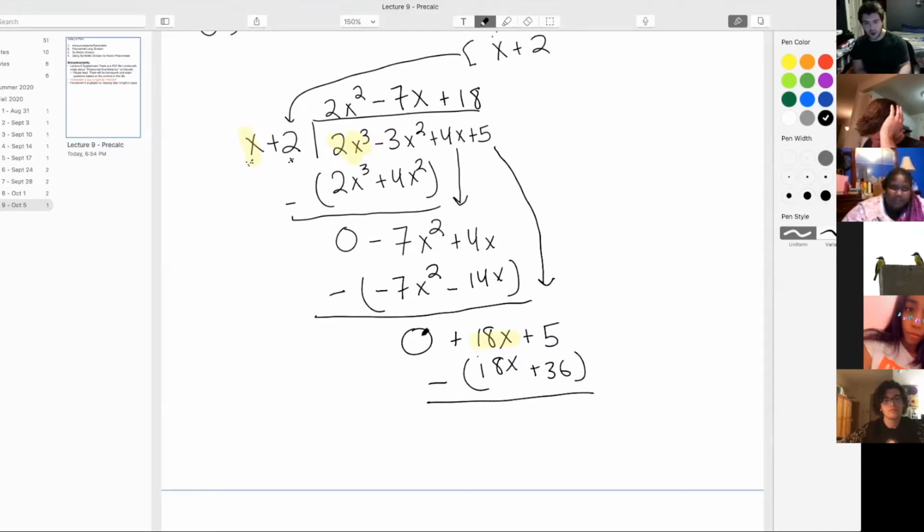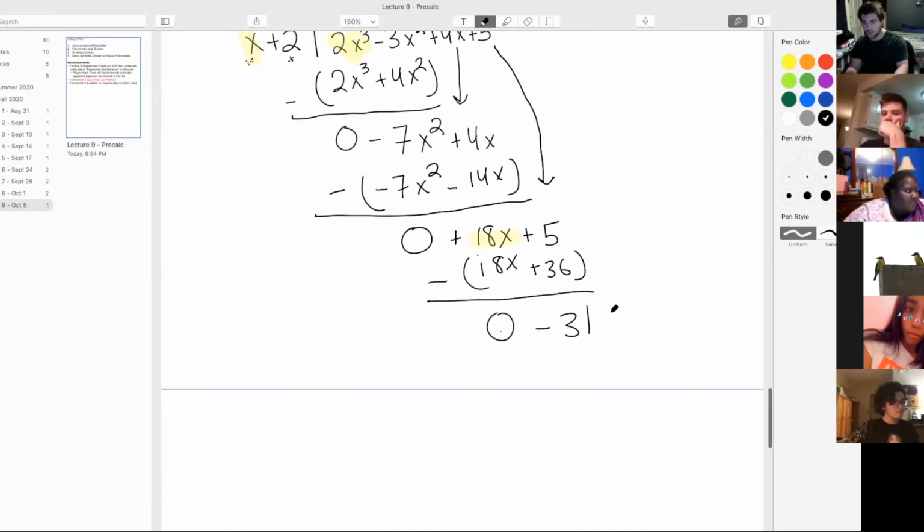And we are done. So 18x minus 18x, that's going to be 0. And 5 minus 36 is negative 31. We are done because there's nothing else to bring down. So negative 31, that's the remainder.